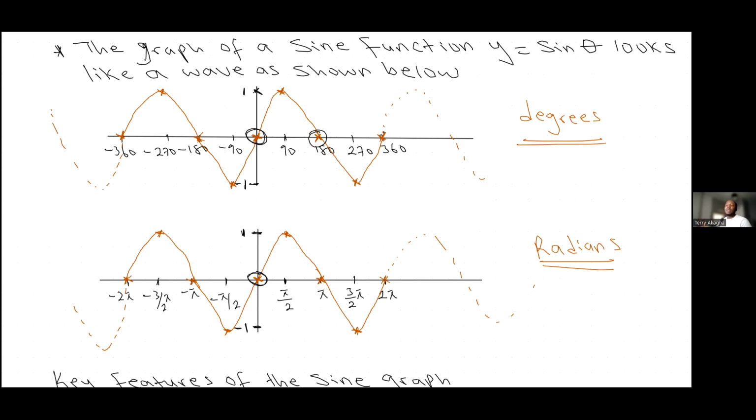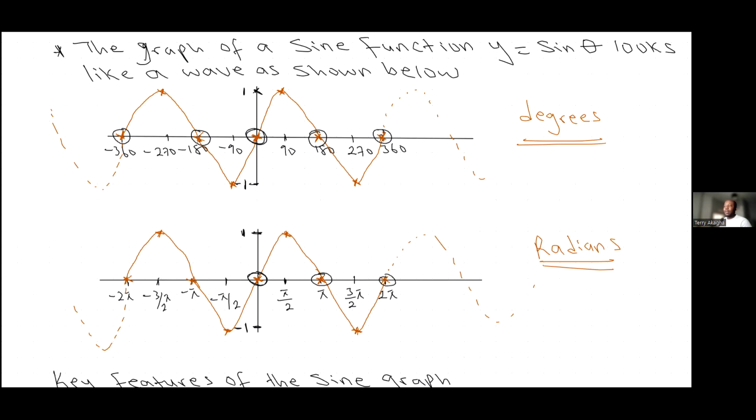So if you keep on adding 180 or subtracting 180, you will see that the sine graph will pass through the origin. So every 180 degrees turn, it crosses through the x-axis, right? The same thing, it passes through the x-axis every pi. So you have pi here, you have 2 pi, and the rest of it, you keep on adding pi, and you notice that it always passes through the x-axis.